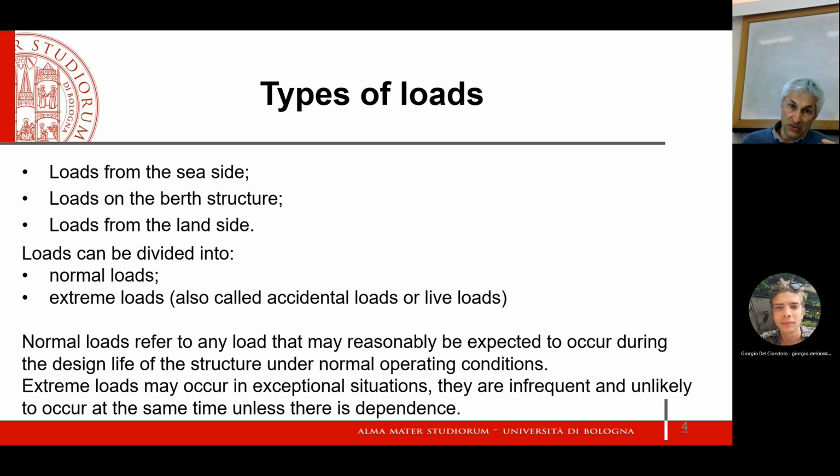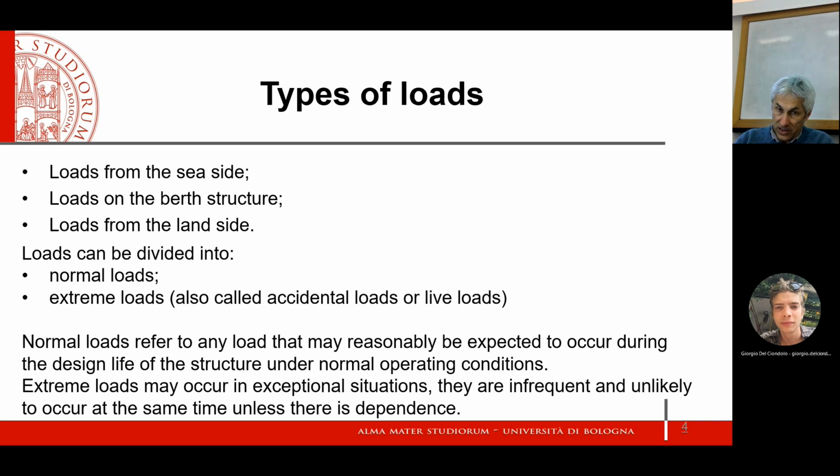But given that they are infrequent, they are unlikely to occur at the same time, while normal loads are expected to occur with high likelihood also at the same time. The extreme loads usually, as I said, do not superimpose each other unless there is dependence.